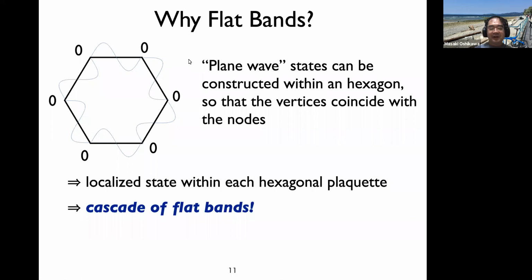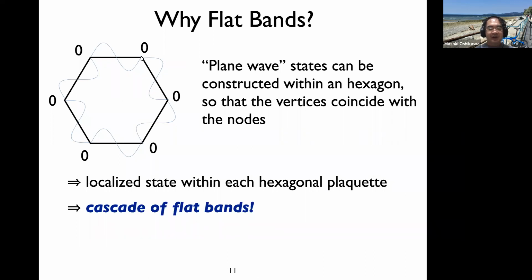This flat band state corresponds to a localized eigenstate of the Hamiltonian. For each elementary bracket, each hexagon of the honeycomb lattice, you can build a plane wave state like this, so that the nodes of this plane wave match the vertices of the hexagon.